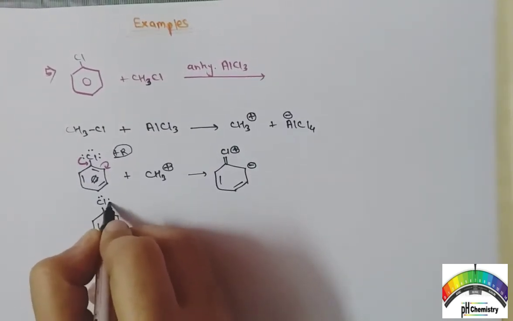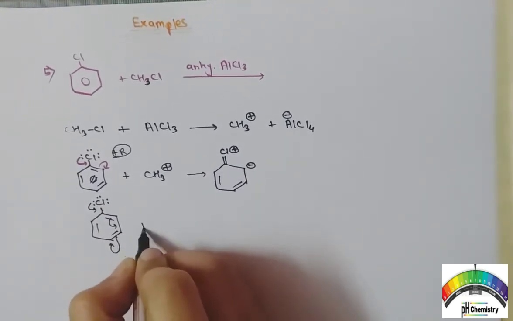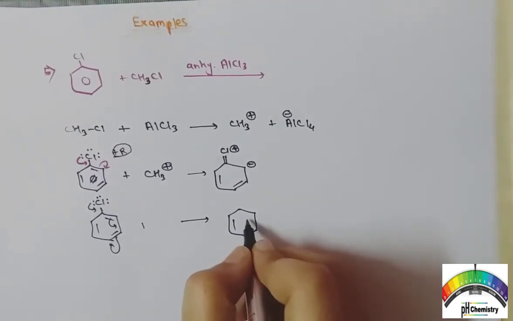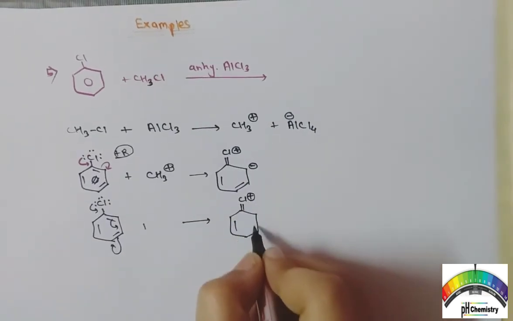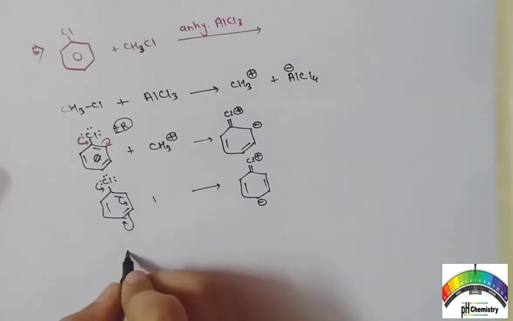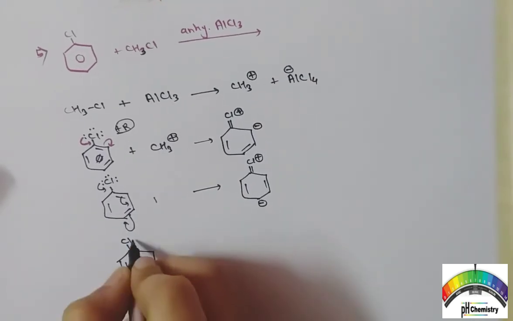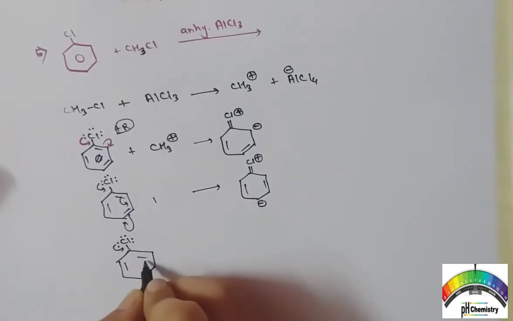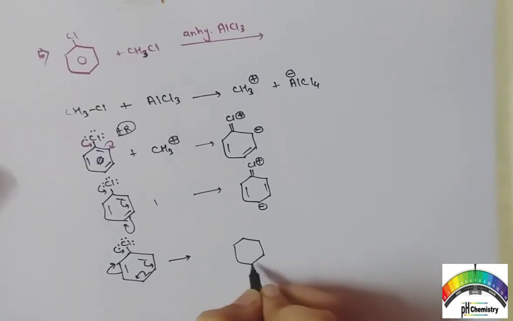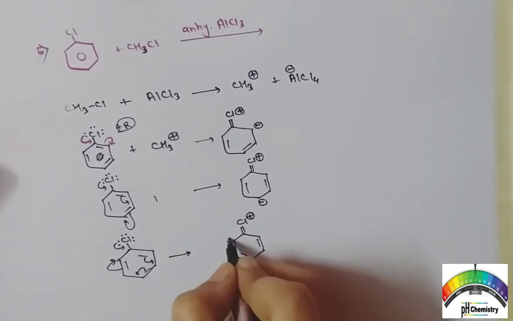Or the second possibility is these lone pairs will shift here, double bond shift here and this shift here. So the second possibility is negative charge present here. Now what will be the third possibility? The third possibility is like this. This double bond shifts here, this shifts here and this comes here. So we'll get a positive charge, double bond here and negative charge.